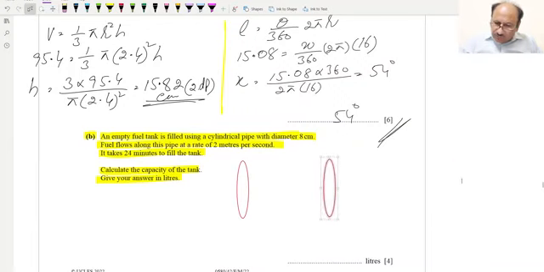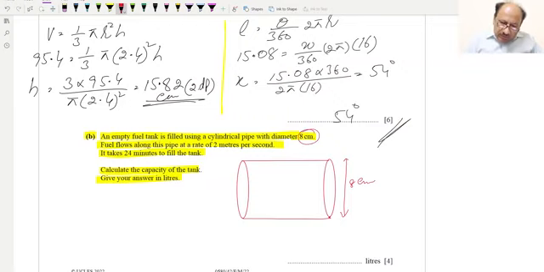So say this is basically the pipe, and this is the diameter, from this end to this end is 8 centimeter. This is given, and they are saying fuel flows along this pipe at a rate of 2 meter per second. So we suppose that this length is 2 meters.